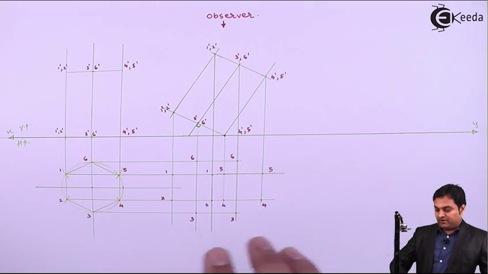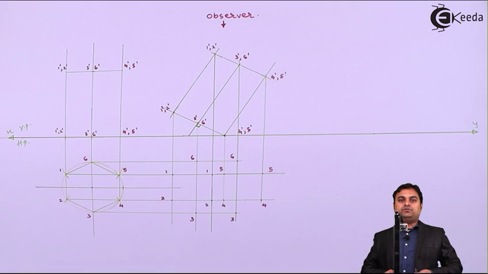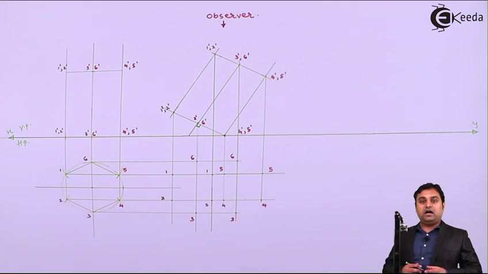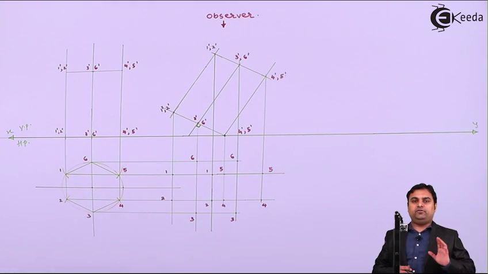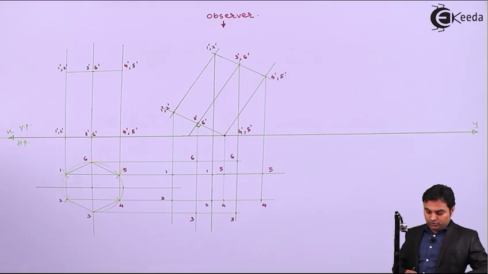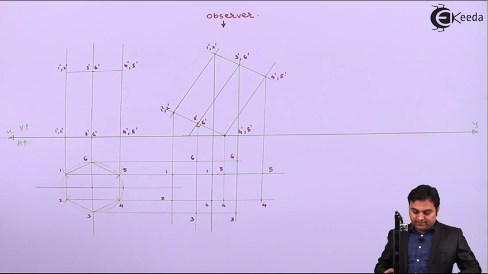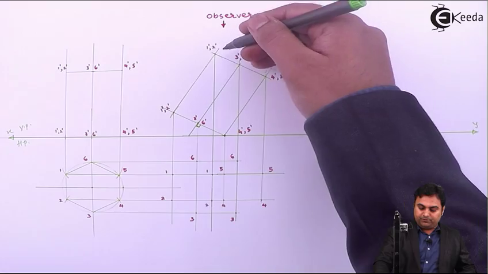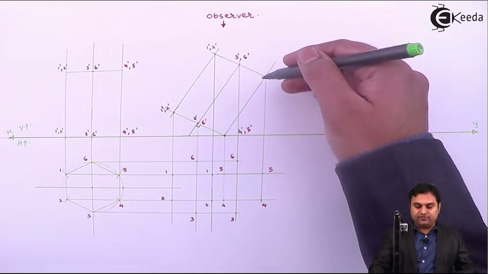Now after getting these points, we have to connect the points in such an order that the outline will be visible, because the outline of the drawing is never hidden. So here I can connect the outlines. At the same time, when I am looking as an observer at the top, this complete hexagonal face is visible.